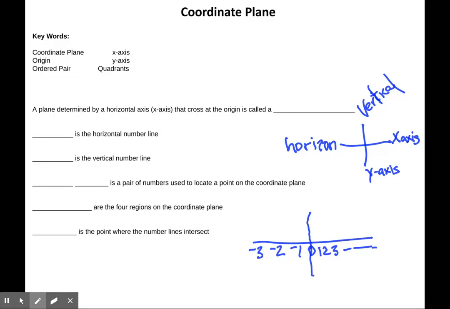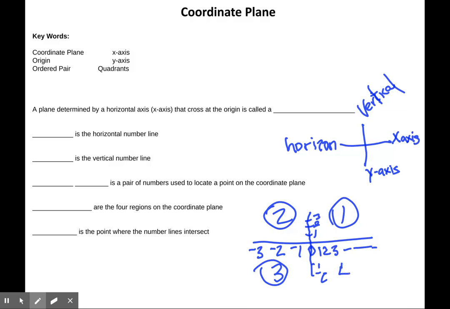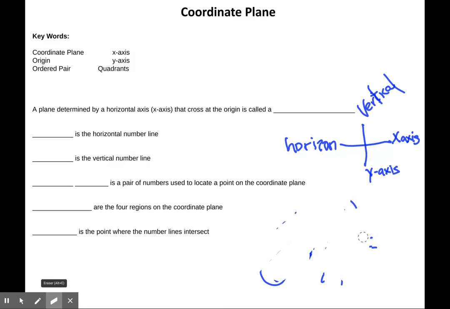These numbers are positive because they go up: 1, 2, 3, and so on. And then the numbers going down are negative: -1, -2, and so on. This is a coordinate plane. That is why there is quadrant 1, quadrant 2, quadrant 3, and quadrant 4, which we're going to learn more about over the next couple of days and in today's activities.